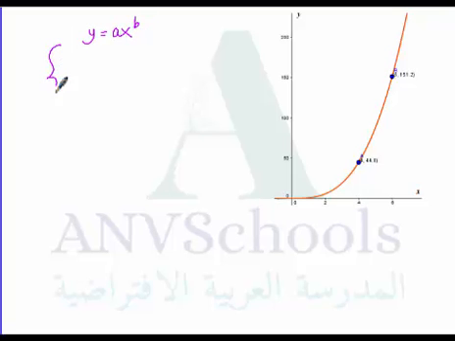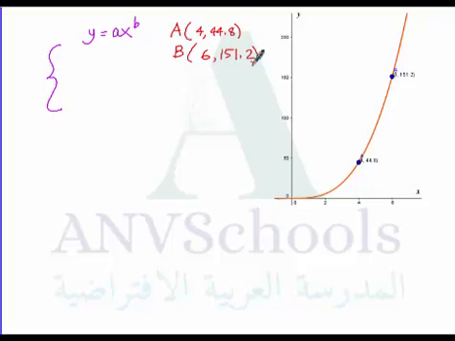We have 2 points, therefore we are going to get 2 equations with 2 unknowns. Our points are A (4, 44.8) and B (6, 151.2).